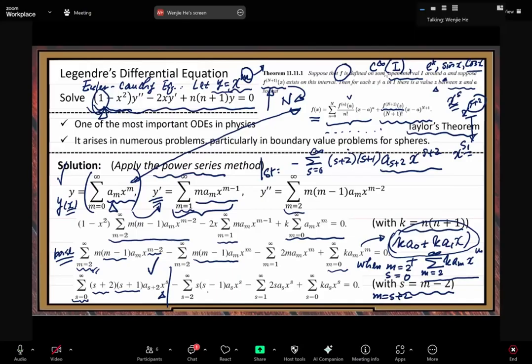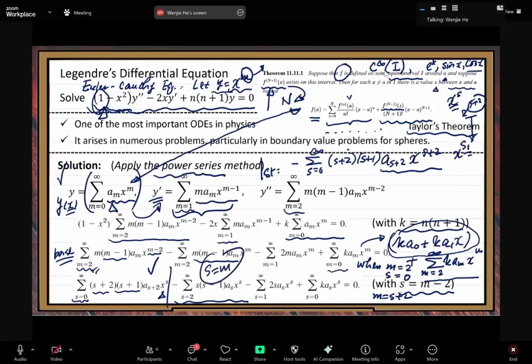This formula is a screenshot cut from the textbook. If s equals m, you have no problem, right?